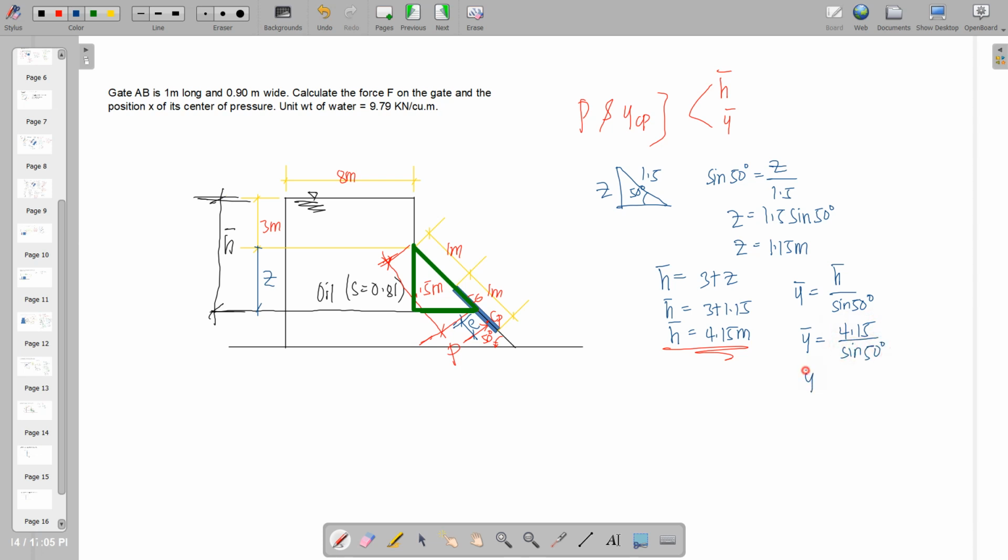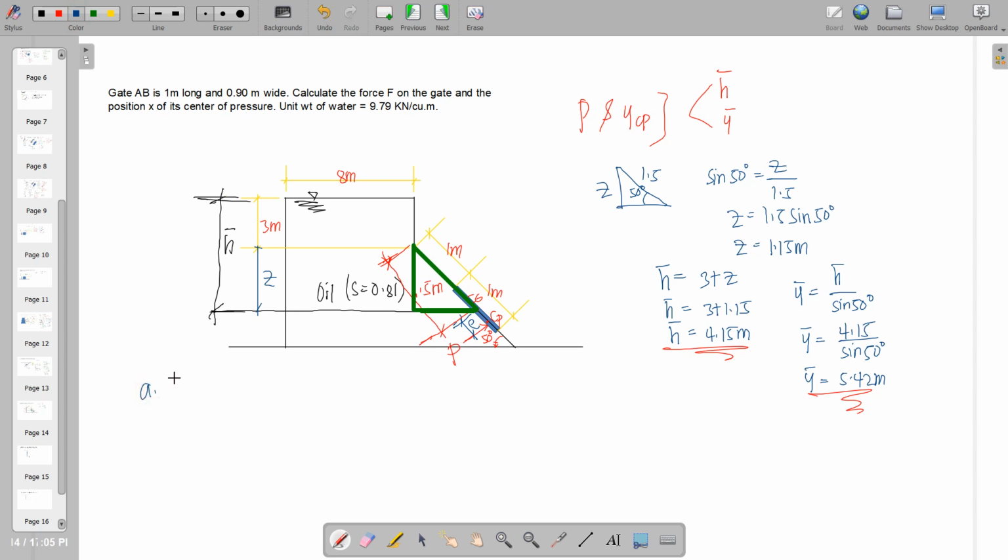So finally, Y bar is equal to 5.42 meters. Okay. So if we know H bar and Y bar, then we'll have an easy approach. So letter E.